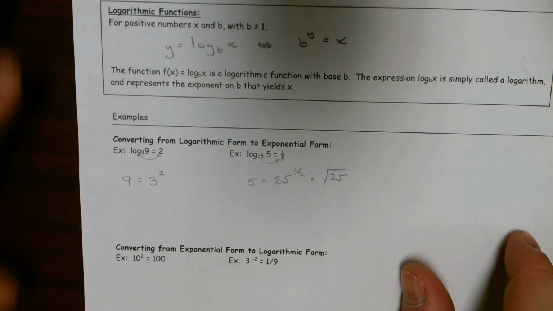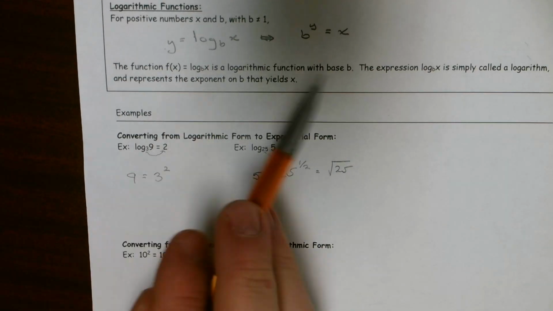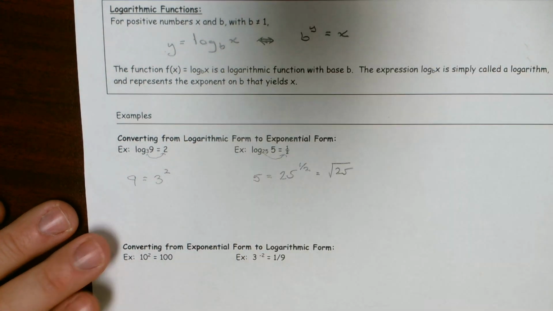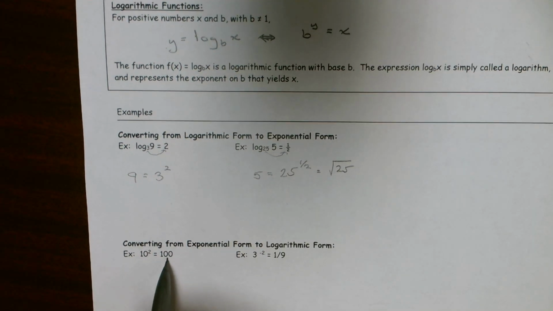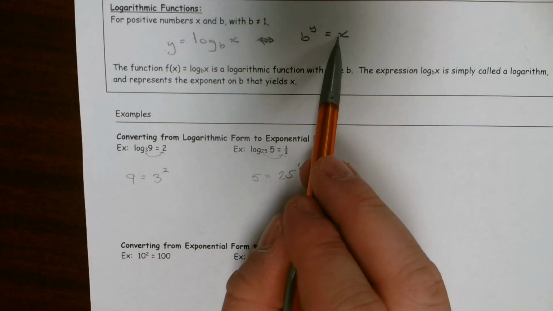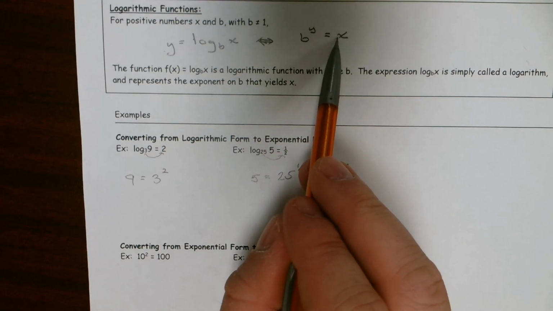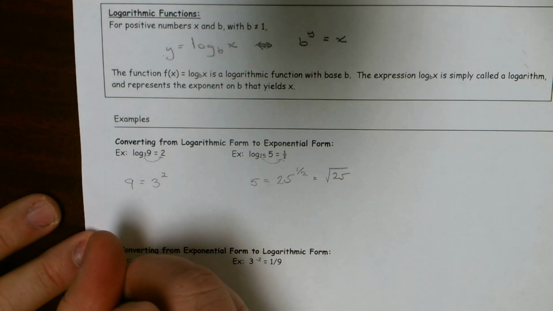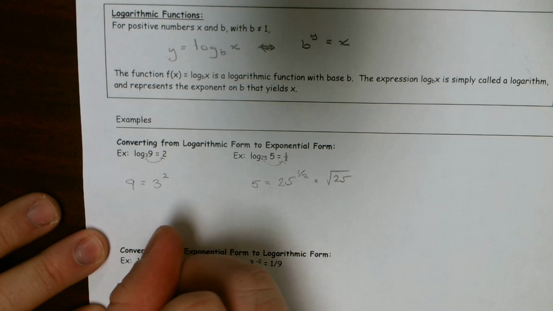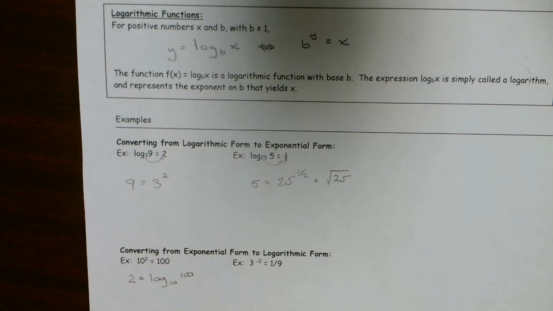So now let's go backwards, still using our definition of a logarithm. Here we have 10 squared equals 100. Well, if 10 squared equals 100, then that means 2 is equal to log base 10 of 100.